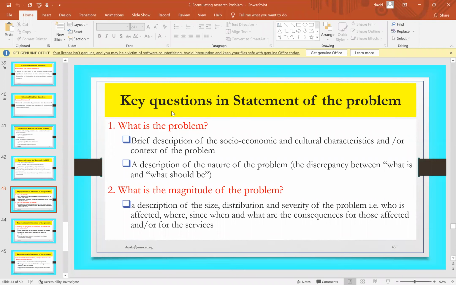Then when I compare it with the normal setting of our day-to-day activities, we conduct activities, we make reports, and then at the end we have challenges, we have recommendations, we have achievements, and so on.